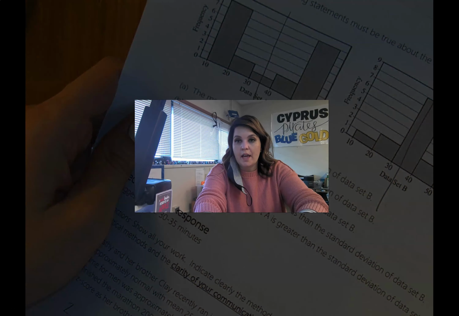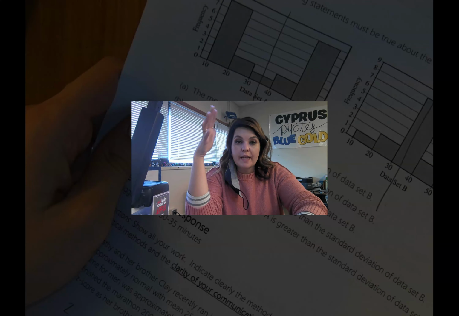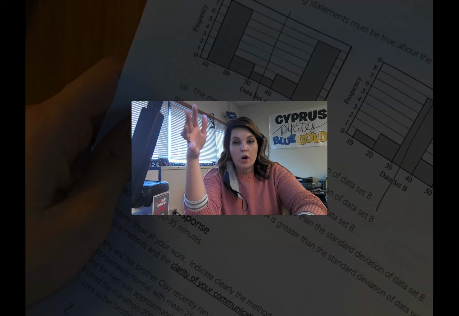I told 1A, so hopefully my B-Day kids are watching this. On every exam that you get, you're always going to have one question that you haven't seen before. So you will have one question, it's the last question on your exam, that you have to use your knowledge of z-scores to answer.